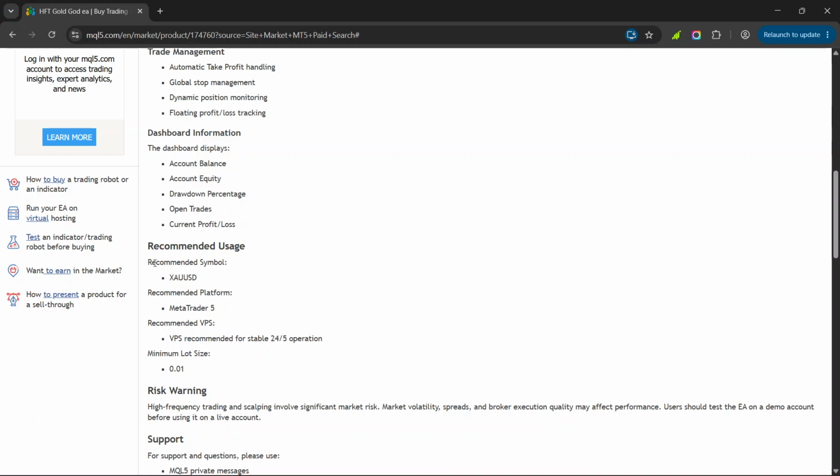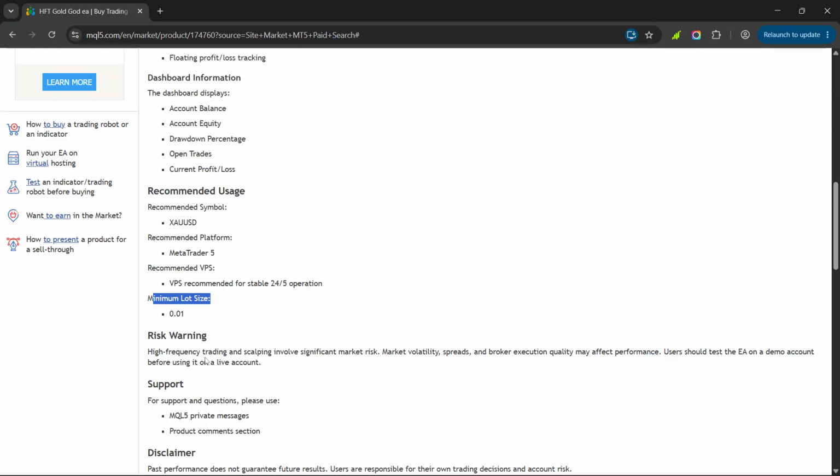However, it is recommended for gold USD on MT5, with a VPS strongly suggested for stable 24/5 operation, that is 24 hours, 5 days a week. Minimum lot size starts at 0.01, which is friendly for smaller accounts.